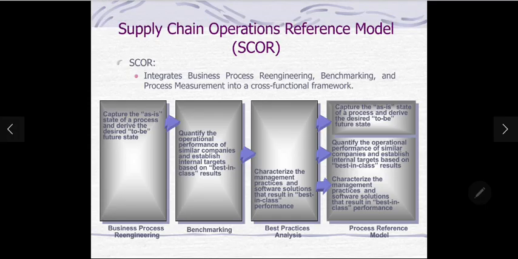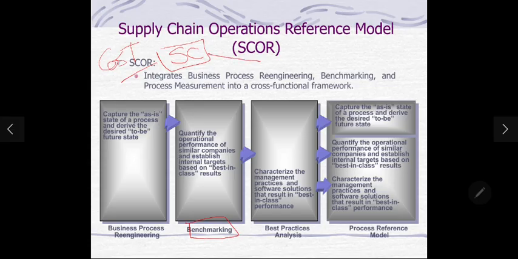The second part is something called benchmarking. By saying benchmarking, every supply chain is aiming at a certain objective. For example, a supply chain may aim at reducing the cost, or may aim at being fast, speed.